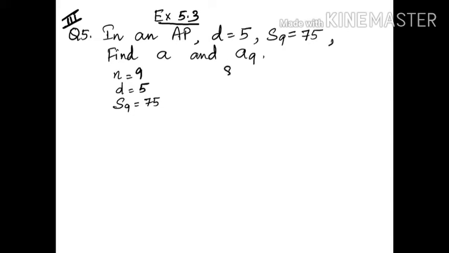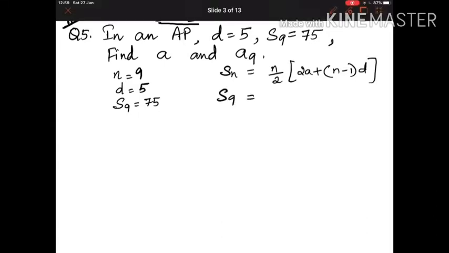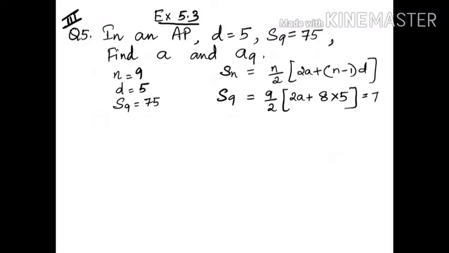Writing the formula for the sum of n terms, n upon 2 times (2a plus (n minus 1) times d). Substituting the values of n and d in this expression, we get 9 upon 2 times (2a plus 8 into d, which is 5), and this is equal to 75.